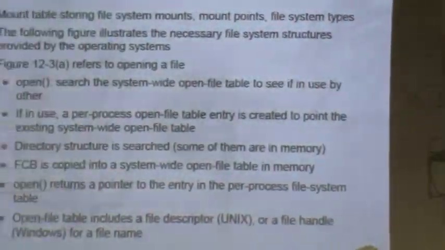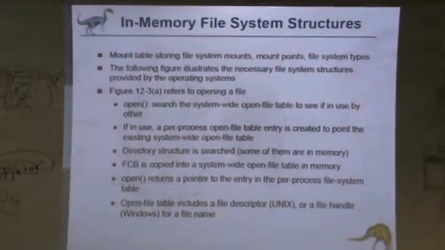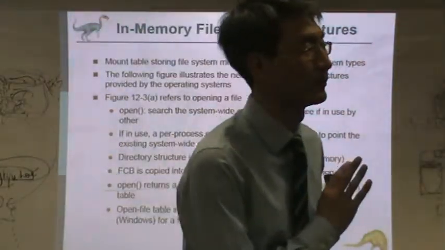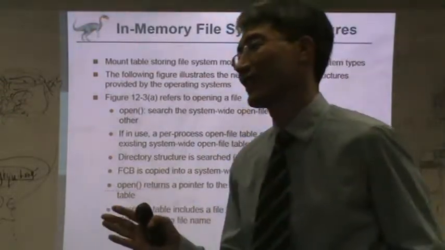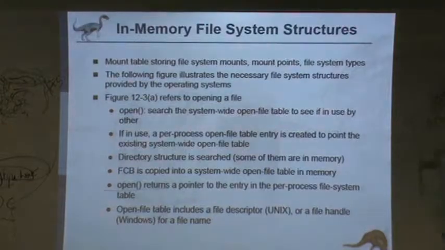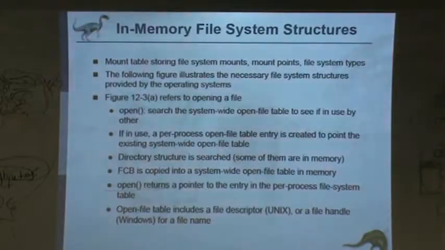Then, who is the consumer of such a file? Who is going to use such a file in the operating system? User? Process. Okay? It's a process. Process will use your file. Then, what is a process? Process is in the memory.